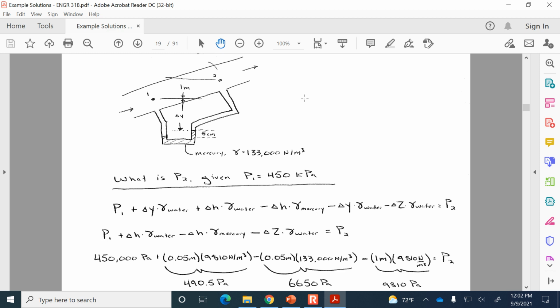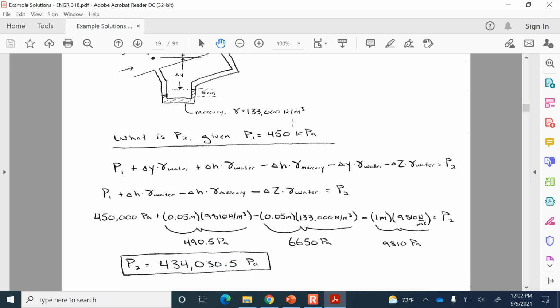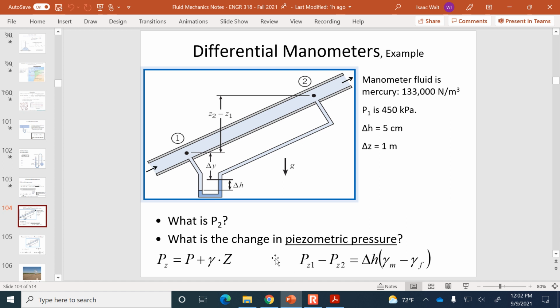So if I add it all together, P2 is 434,030.5 pascals. So that's the pressure at location 2, and that's the first part.